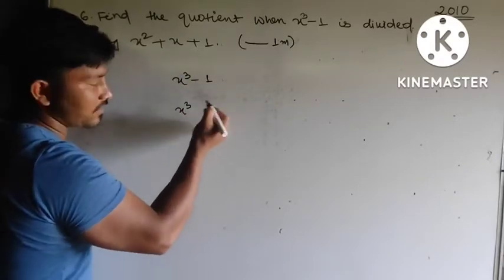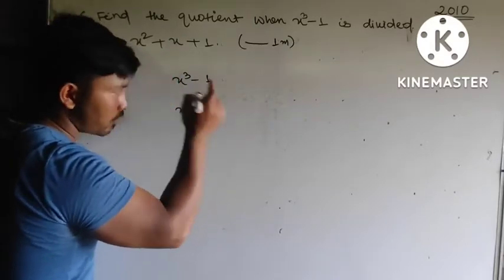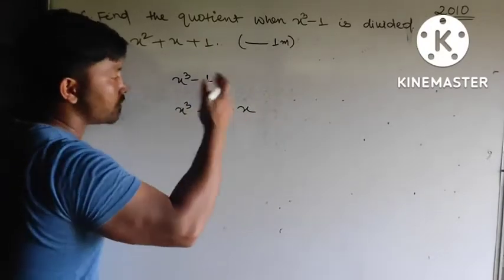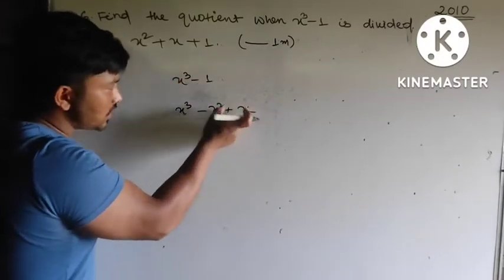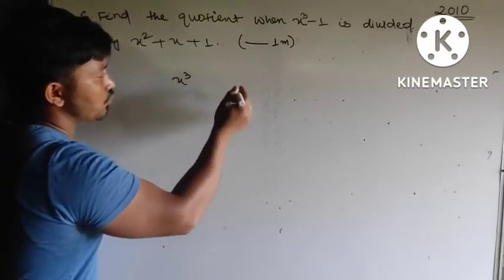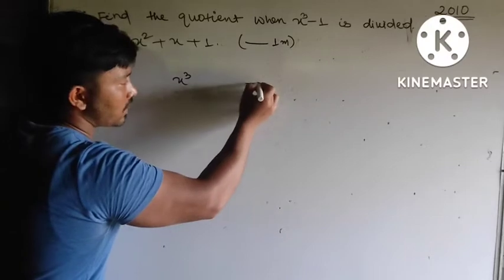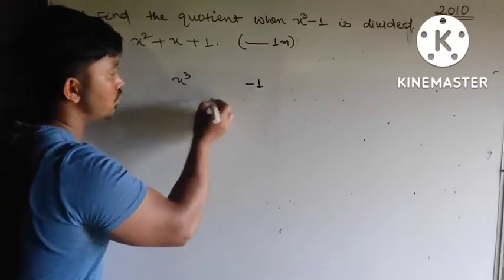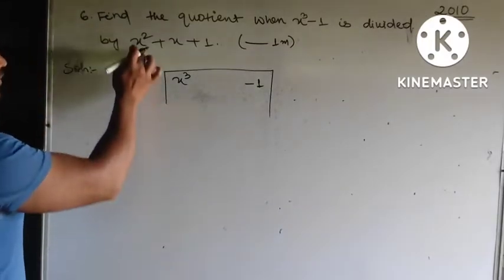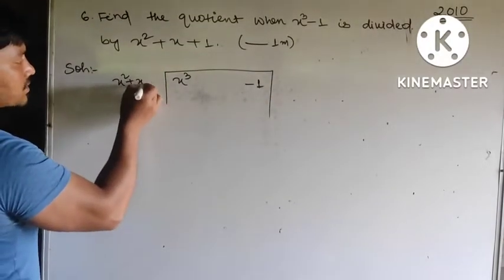So after x cube there will be x square. After that it will come x. These two terms are missing here. Because of that, you have to provide a little space between x cube and 1. So let me write here 1. After that, let me make a box, as I'm going to divide. Then let me write this x square plus x plus 1.